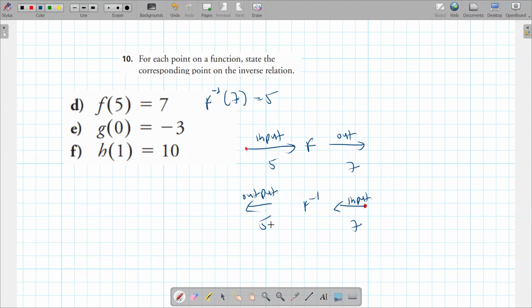What's the answer to E? It's very similar to the one that we just did. You just do g inverse of -3 equals 0. What about the next one? H inverse of 10 equals 1. Done.